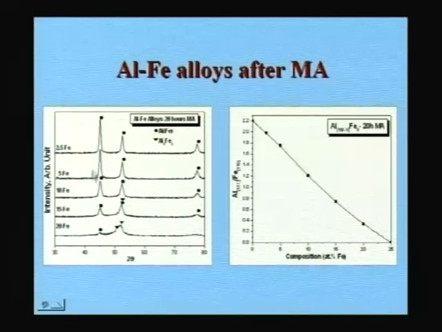Its intensity keeps on decreasing as you increase the iron. The second peak is the aluminum 200 peak, and its intensity with respect to the aluminum 111 intensity is increasing. Initially at 2.5% the 111 peak is more intense than the 200 peak, which is what we expect for pure aluminum.